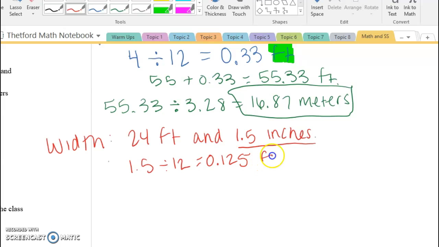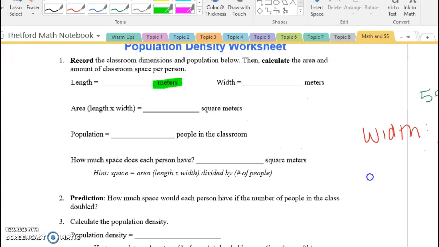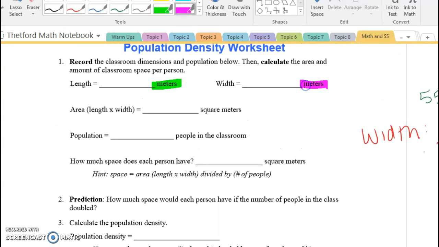Now that this is in feet, we can add that to our 24. So now we have 24 plus our 0.125, and that's going to give us 24.125 feet. But again, you'll notice over here, we need meters.